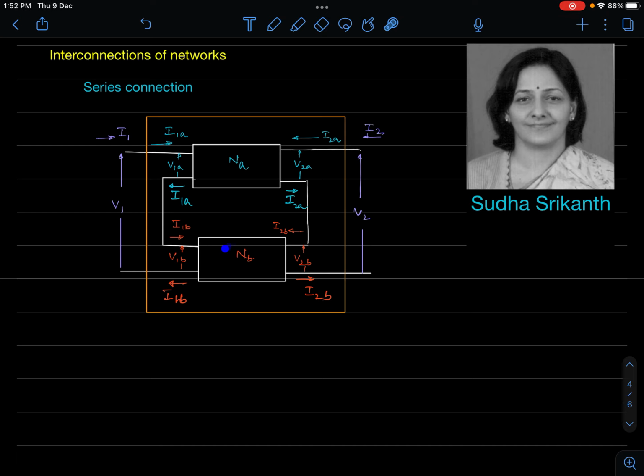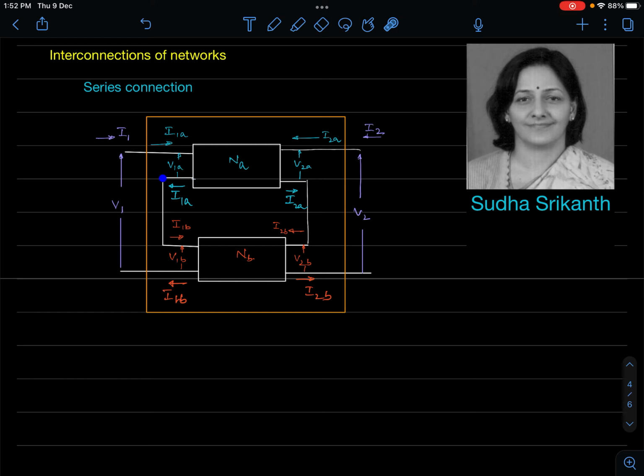Alright. And network B is indicated by NB. This is the network B, which again has got its two ports. This is input port having parameters V1B and I1B as the voltage and current respectively. And V2B and I2B are the parameters of the output port of the network B. Alright, so network A and network B are connected in series.